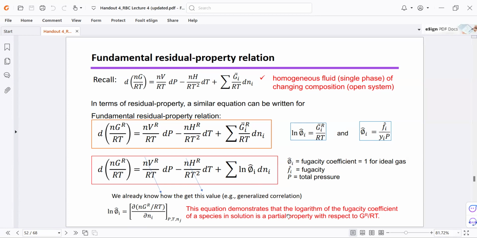And this equation demonstrates that the logarithm of the fugacity coefficient of a species in solution is a partial property with respect to the residual Gibbs free energy over RT.